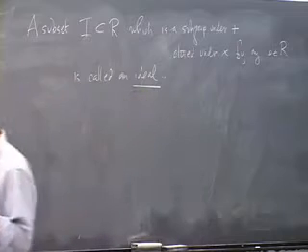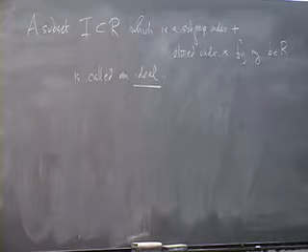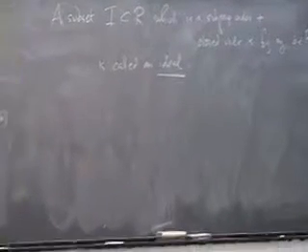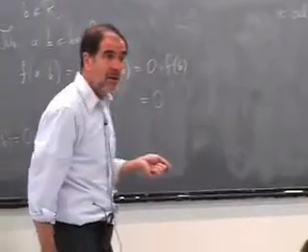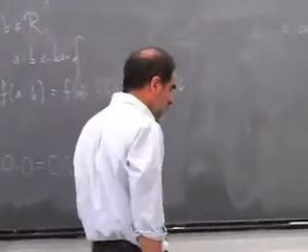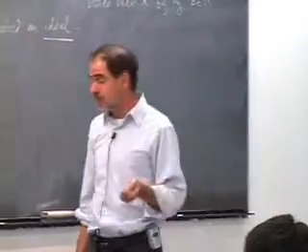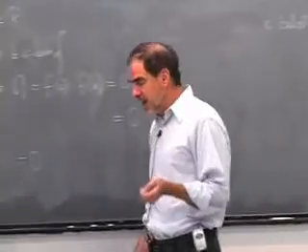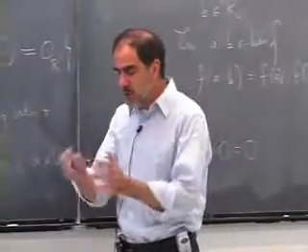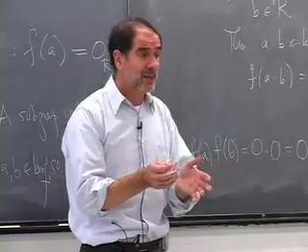The actual word came from the Platonic notion of ideals. And we're going to see why it was chosen as we get a little further in the subject. It's called an ideal. It came from algebraic number theory, and it was discovered by a mathematician in the middle of the 19th century called Kummer. And Kummer realized that people had been working with certain subsets of rings which were ideals.